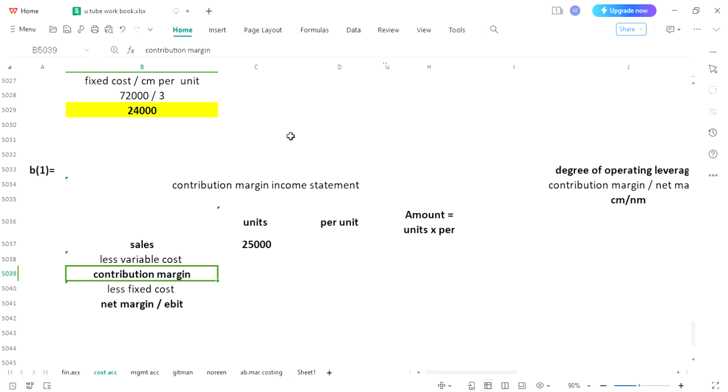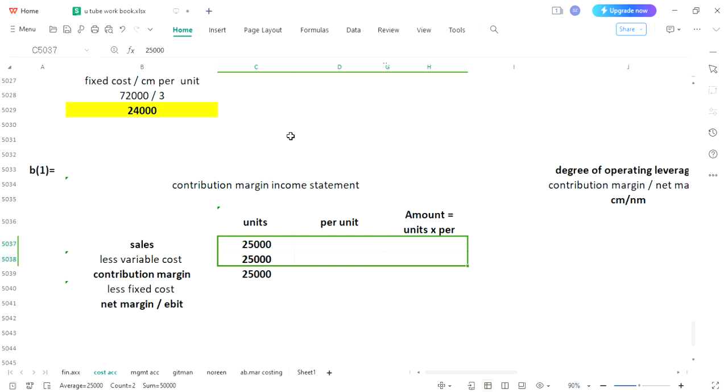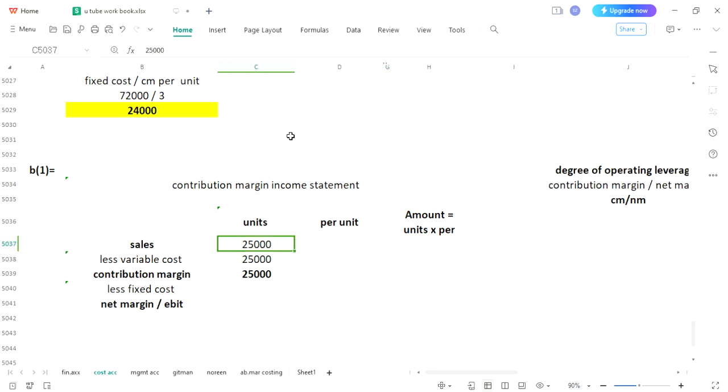Everything else is present. As you know, the number of units for sales will always be equal to the number of units of variable cost and the number of units of contribution margin. Why? You cannot sell more units than you have manufactured.